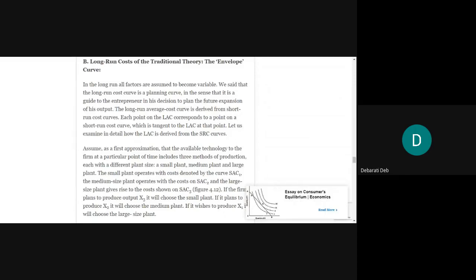But in the long run, the factors directly involved in the production process are assumed to be variable. We said that the long run cost curve is a planning curve, in the sense that it is a guide to the entrepreneur in his decision to plan the future expansion of his output.